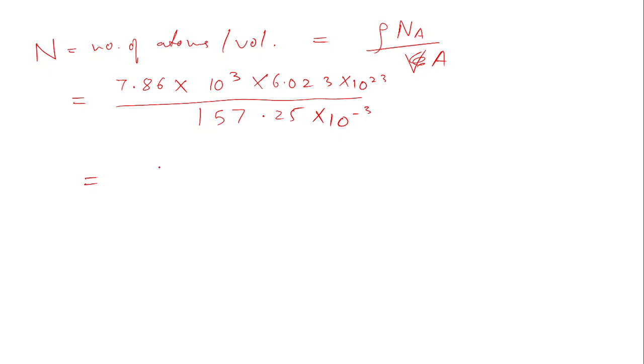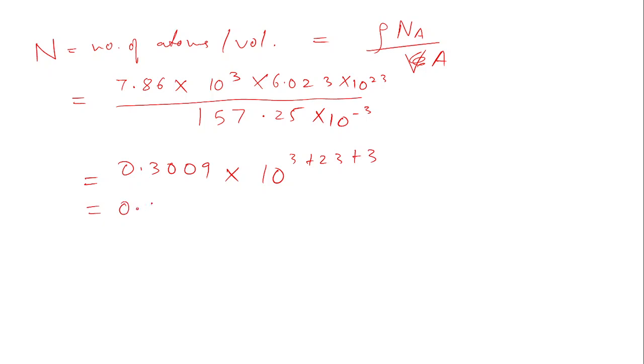Putting these values and calculating: 7.86 times 6.02 divided by 157.25, 0.3009, and powers will be 10 to the power 3 plus 23, and when this comes to the numerator it will be plus 3.